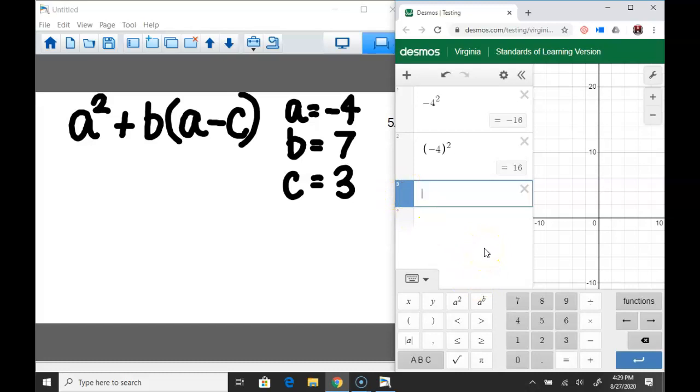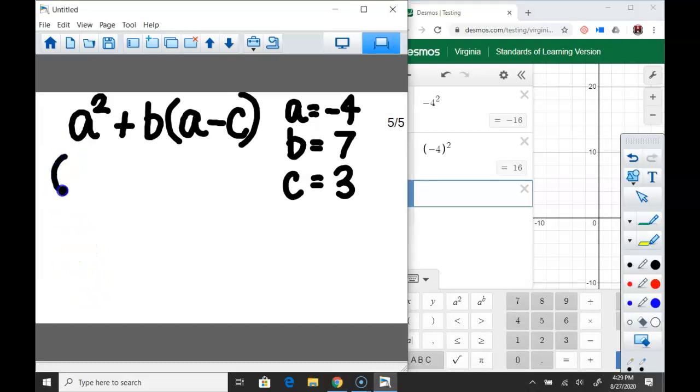So right here is what I want. I want those parentheses. So I'm going to come over here, and when I see a squared, I know that a is going to have to go in parentheses. Plus b times a minus c. Now we talked about this. When you see multiplication like you do here, b times a minus c, I want parentheses in there, but you'll notice it's already there.